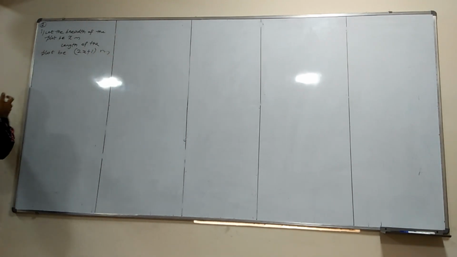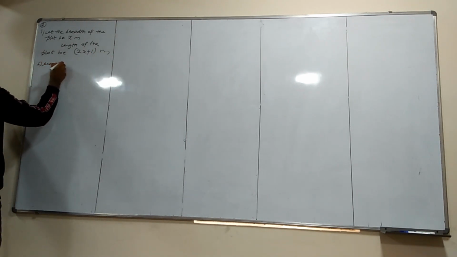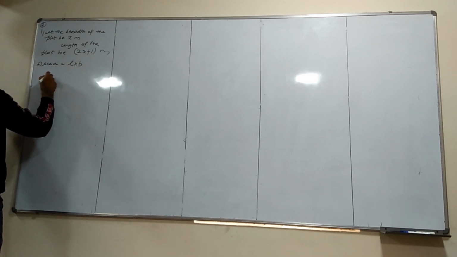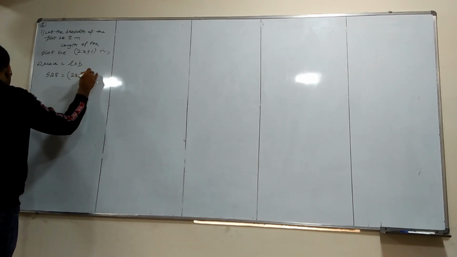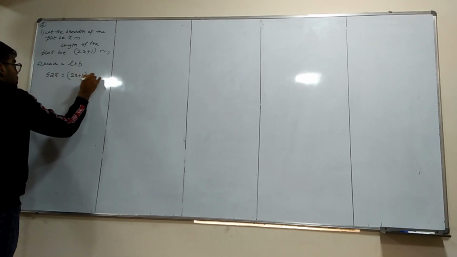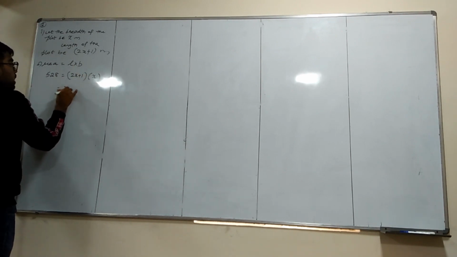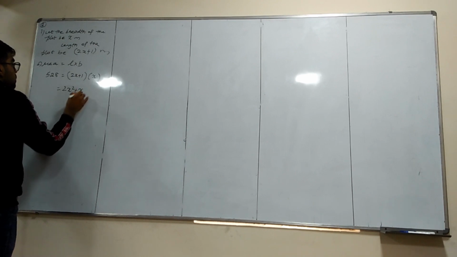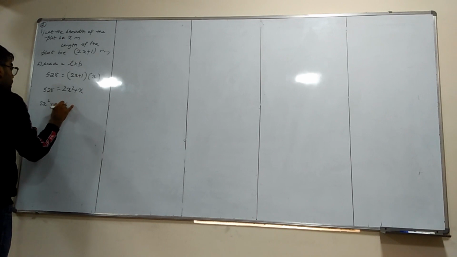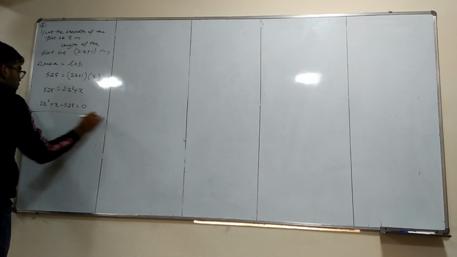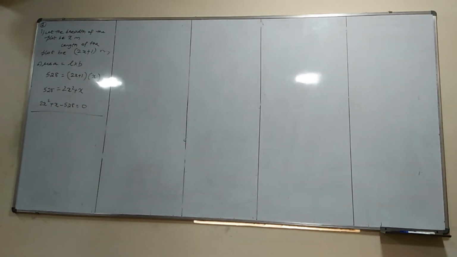So now area of rectangle is length into breadth, right? 528 they have given. Length is 2x plus 1 into breadth x, so 2x square plus x equals 528. 2x square plus x minus 528 equals 0. You have to just frame the equation. That's it. Don't solve this one.